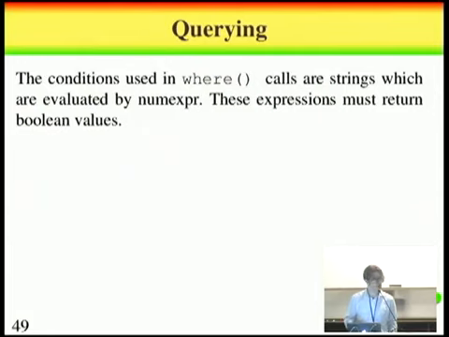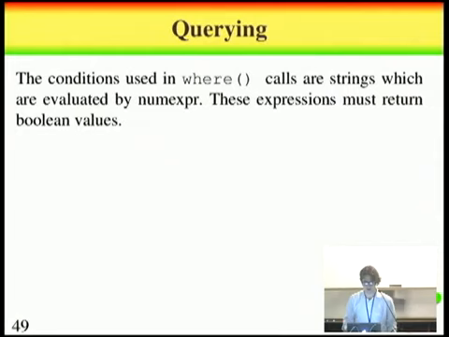So conditions used in where are basically strings, and they're evaluated by NumExpr or the Expr class in a very similar way to what we just talked about, with the added exception that these expressions must return some sort of Boolean. Before, the expressions could be any of the atomic types or whatever you wanted, as long as it could return it.